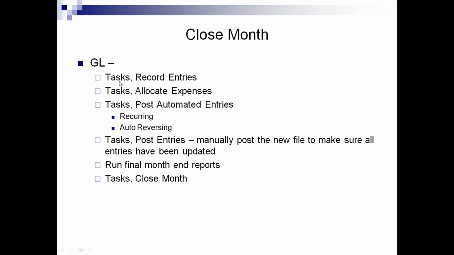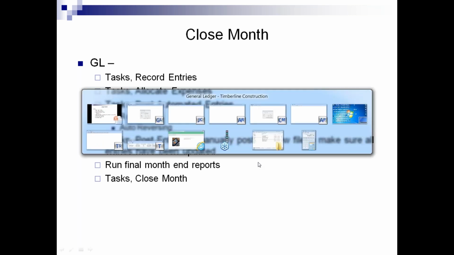You're going to make sure that all of your entries for the month have been either entered through record entries or allocated or posted if it's an automatic entry. And then you'll run your final month-end reports, so financial statements, trial balance, ledgers, and then you'll run tasks close month.